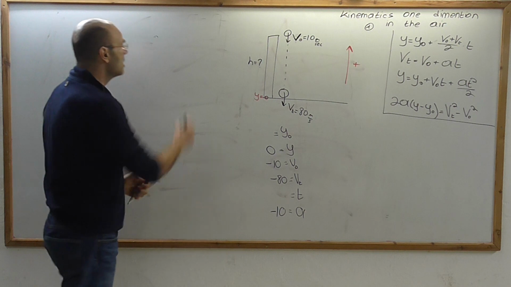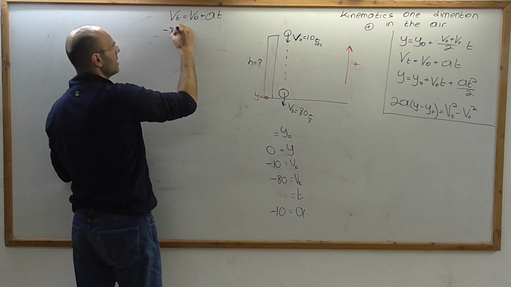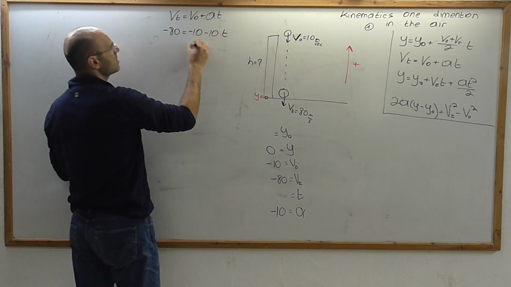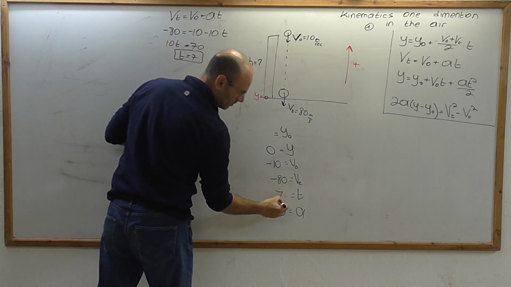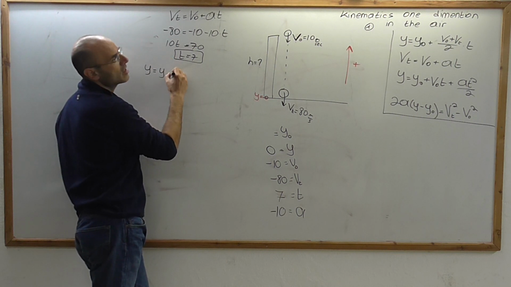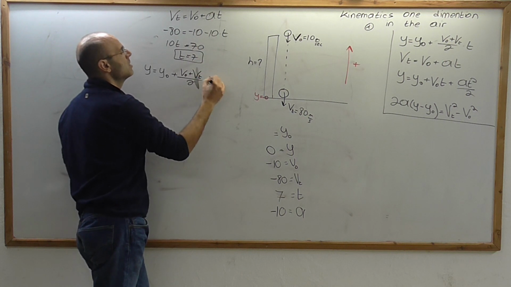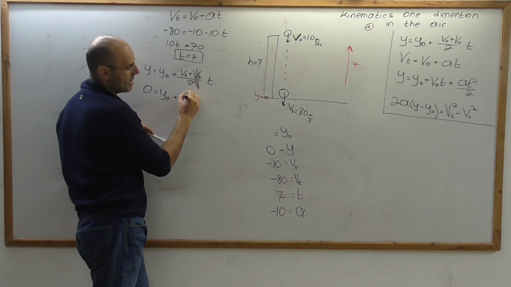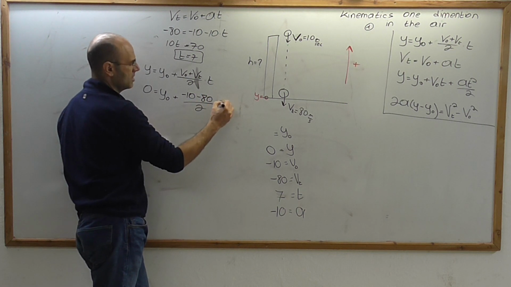Okay, now I can solve it. Let's start with this equation. We can find the time. So minus 80 equals minus 10 plus minus 10 multiplied by t. So I'll get 70 equals 10t, t equals 7 seconds. Let's get the y0 from the first equation, it doesn't matter which one. y final equals y0 plus the sum of v0, minus 10, and minus 80, over 2, multiplied by time, which is 7.